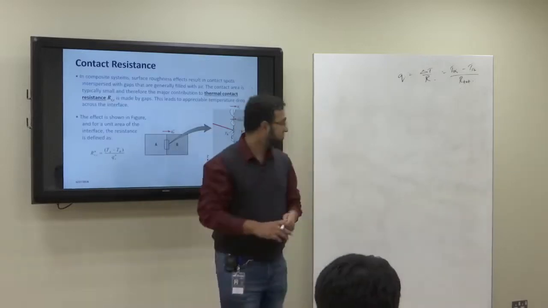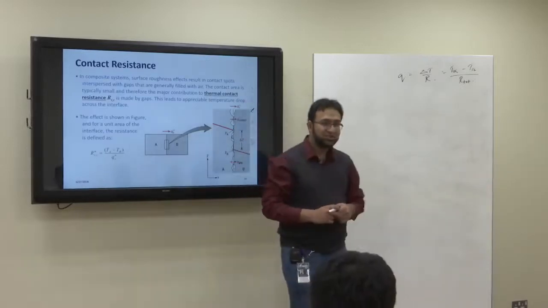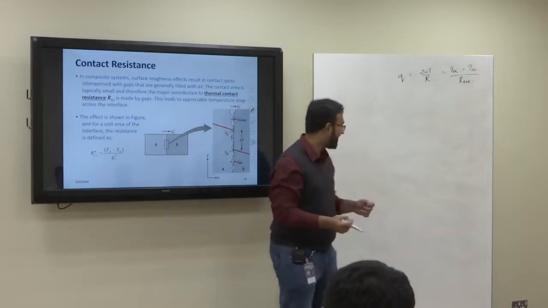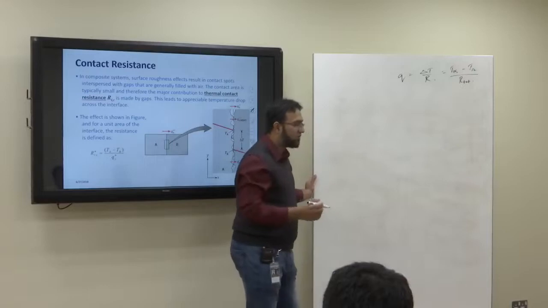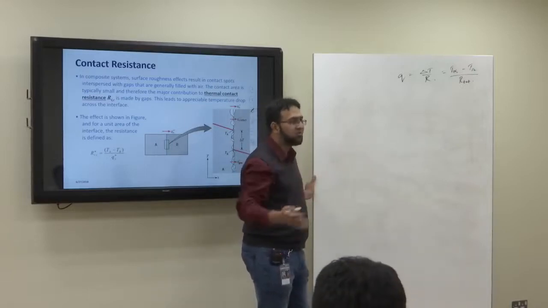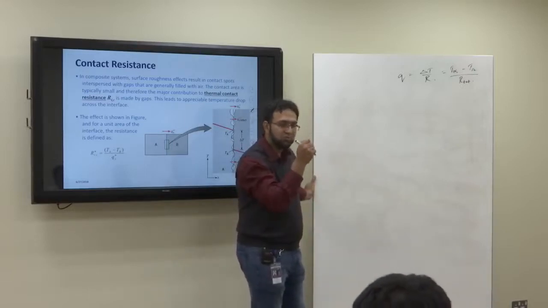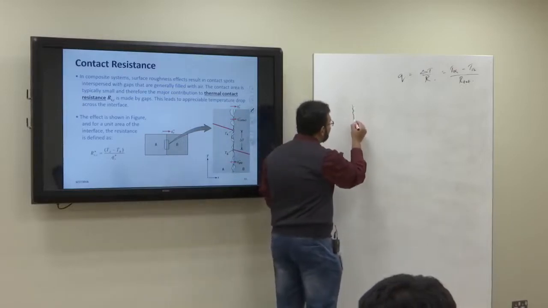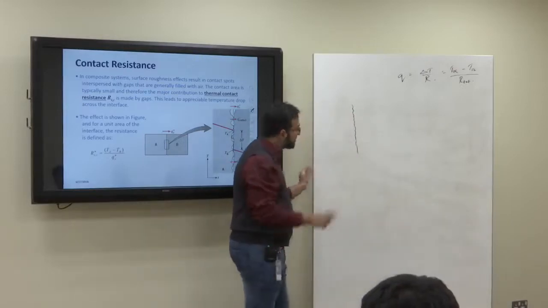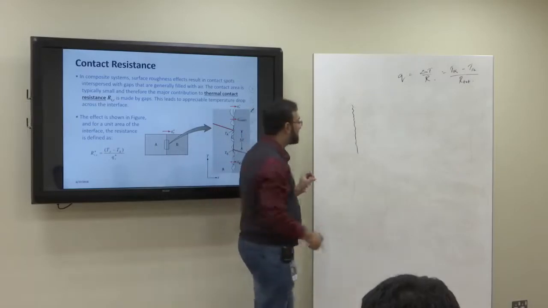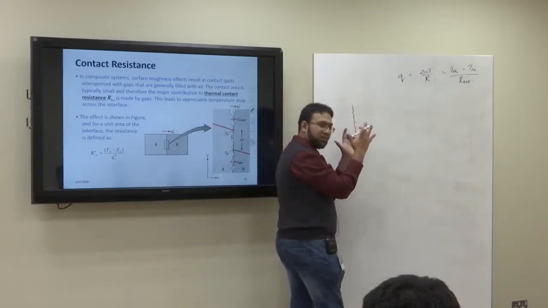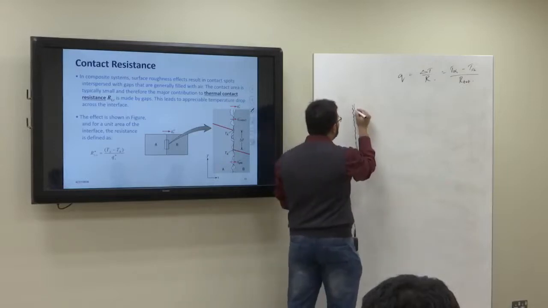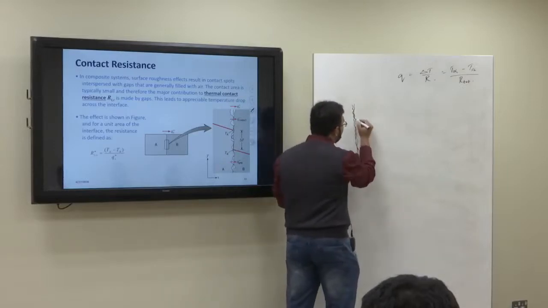What's the contact resistance? We discussed the composite wall. Many times the walls, even if they look smooth, are not smooth. On the microscopic level, the wall is something like this. When two walls are in contact, as in a composite, you will still have some pockets of air in between.